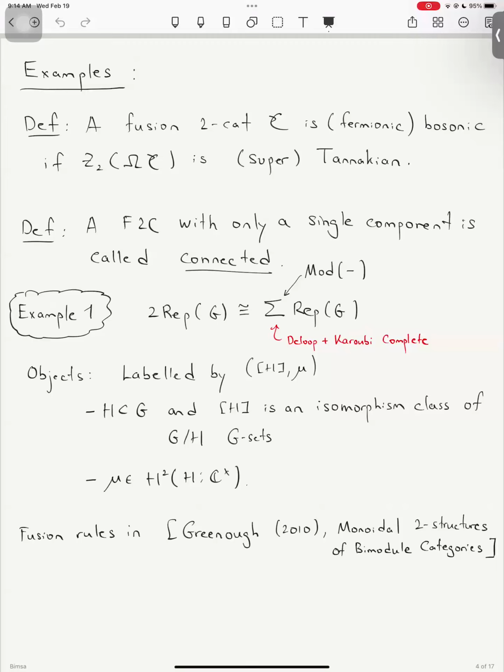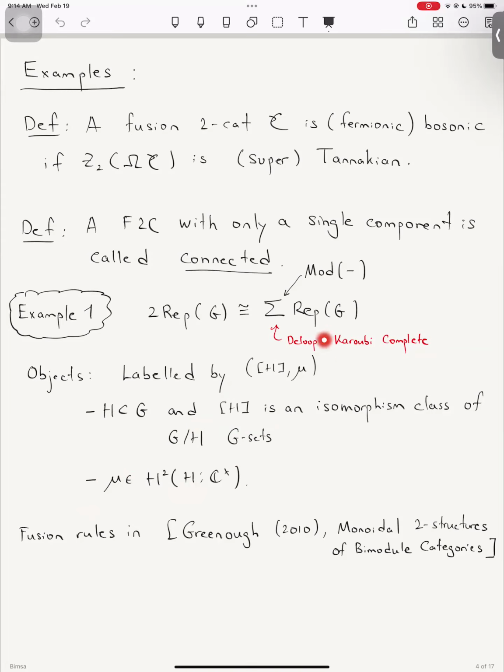So yeah, I want to unpack this in a particular example so you can actually compute with these things. So the objects of this are going to be labeled by, first you take a subgroup of G called H, and then you take an isomorphism class of GH sets, and then you take another two cocycle in H with C star coefficients.